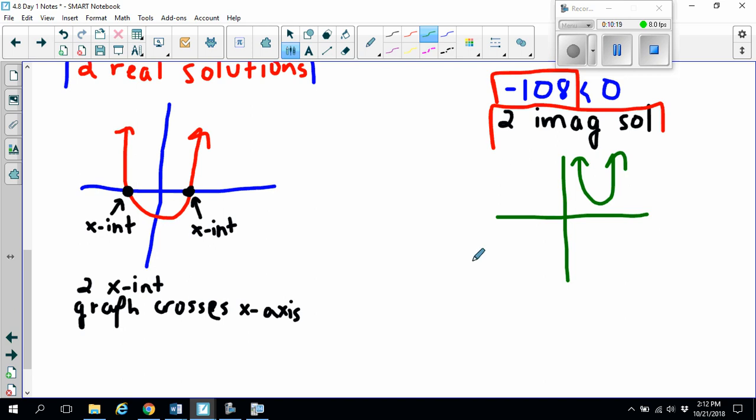So really, it doesn't have any x-intercepts because it doesn't cross there. So whenever we have two imaginary solutions, meaning our discriminant is less than 0, our graph in this case does not cross the x-axis.